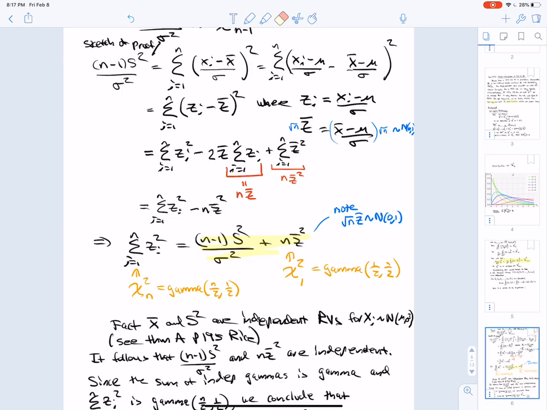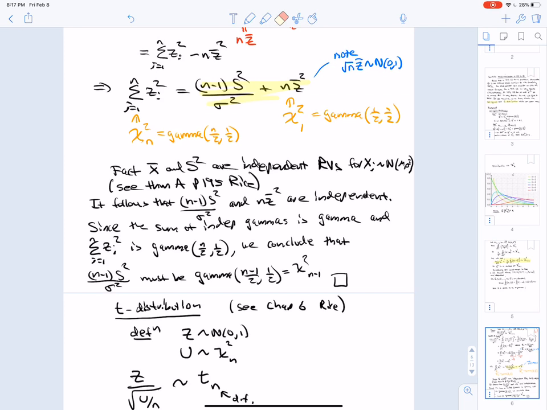Now comes the big guns that show that x bar and the sample variance are independent random variables when the xi's are normal. That's fascinating because you would not expect that, since x bar is actually in the definition of the sample variance.